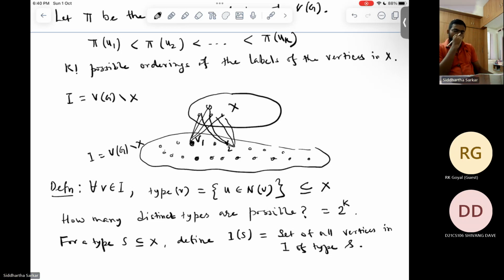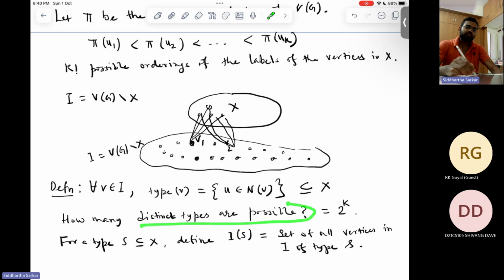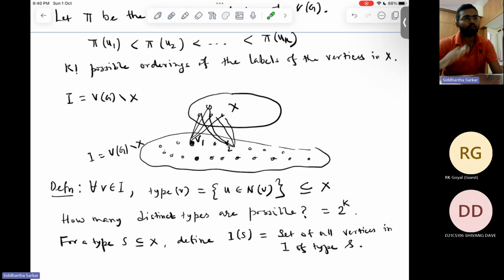Yes. So why are we doing this? Because we have a handle on how many distinct types there are. We know it's only 2 to the power k, and for our purposes 2 to the power k is a constant because k is a constant. So we can only define 2 to the power k different such sets.